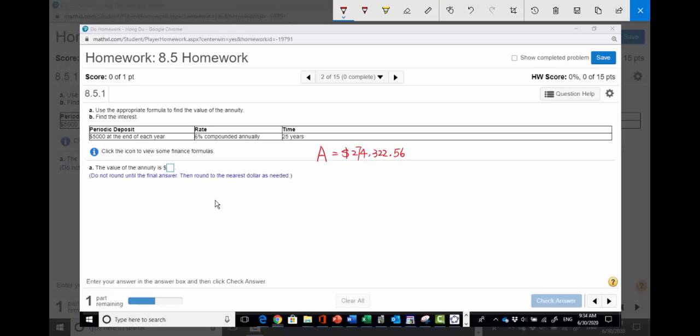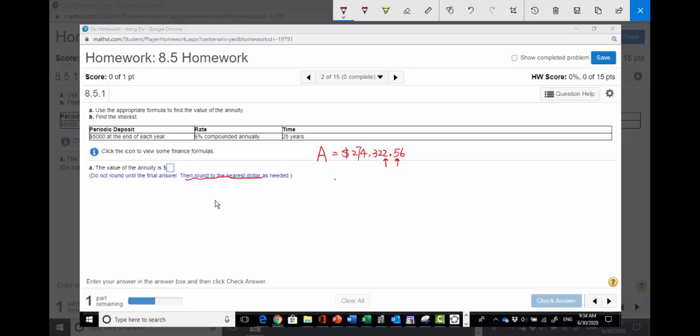But when we put this into the answer box, they want us to round the answer to the nearest dollar. So this is the nearest dollar, so 2. And you look at the next number, which is the 5. You need to either round up the 2 or the 2 stays the same. Since the next number is a 5, we're going to round the 2 up to 3.